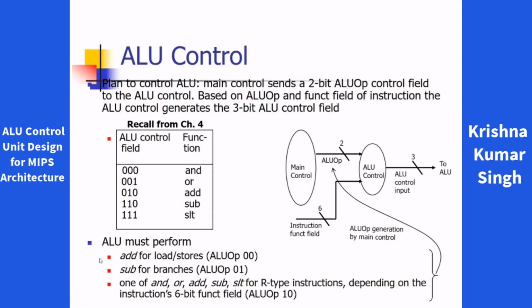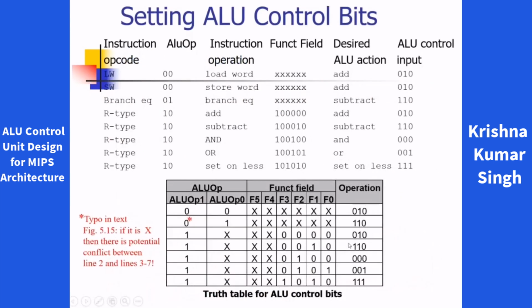We need add because in the load and store instructions, we need to compute the address of the memory location by adding the base and offset to each other. The ALU should be able to perform subtract because we need it for the branch instructions. And other operations are necessary for the R-type instructions. For example, we are going to implement AND, OR, add, subtract, and set less than instructions.